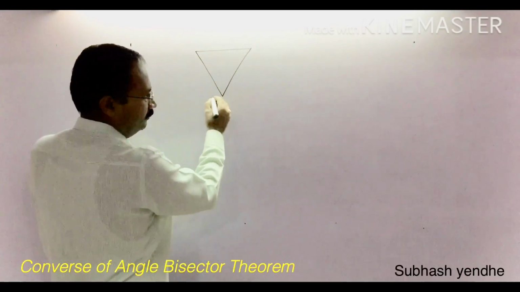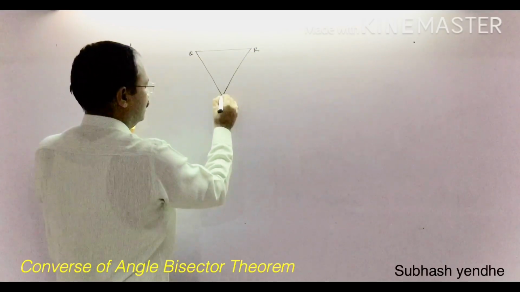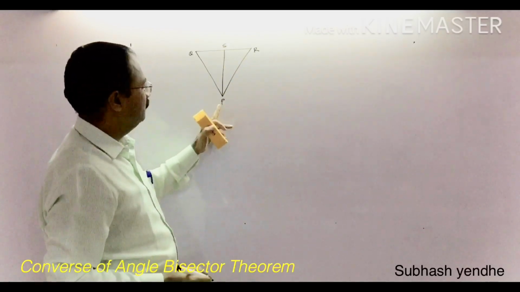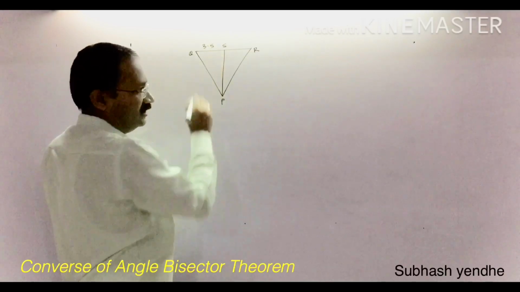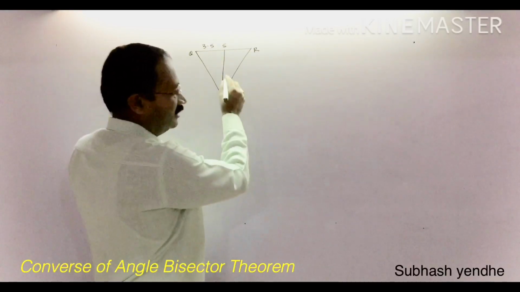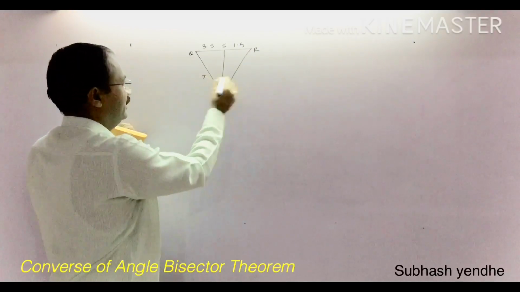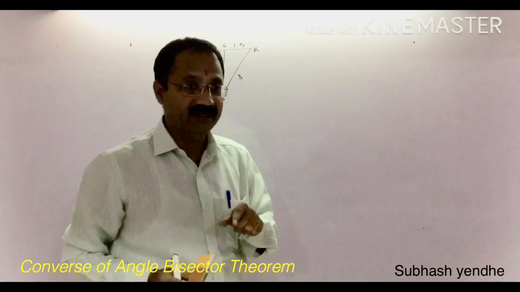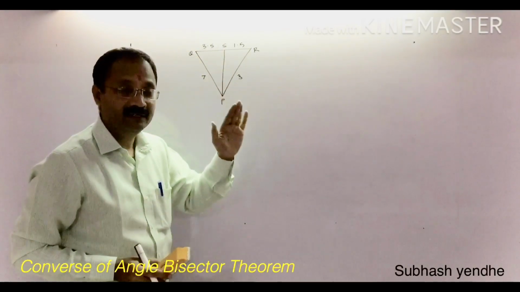This is P, this is Q, this is R, and there is one line which is PS. Its values are given as 3.5, 1.5, 7, and 3.